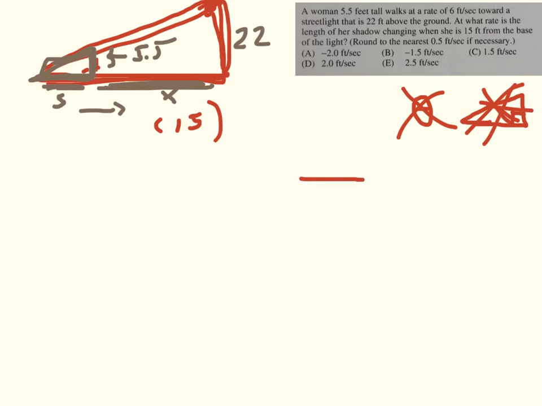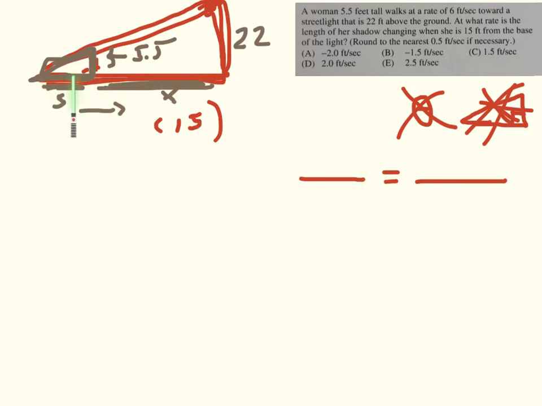So I'm going to set it up in a fraction, similar triangles. And I'm going to say that this bottom, I'll use a laser pointer, which happens to be a lightsaber, this bottom S compared to this side, 5.5, that's the little triangle in brown, is equal to the big triangle.